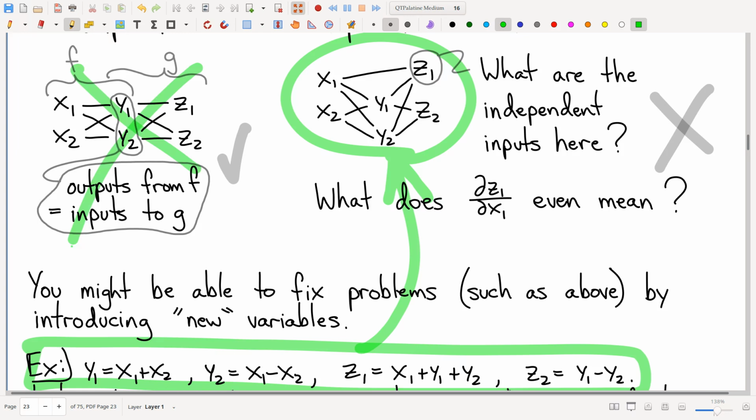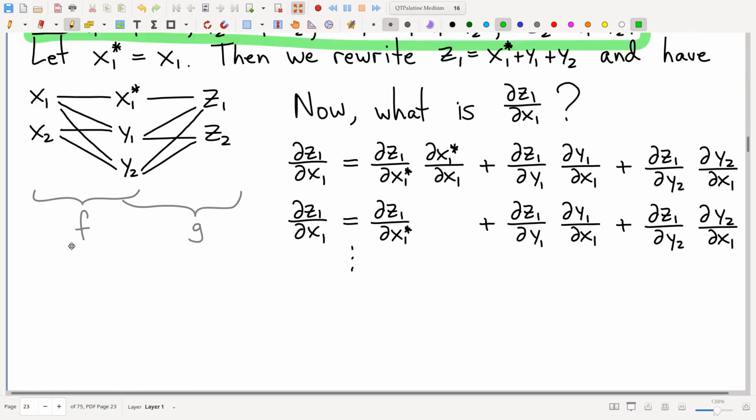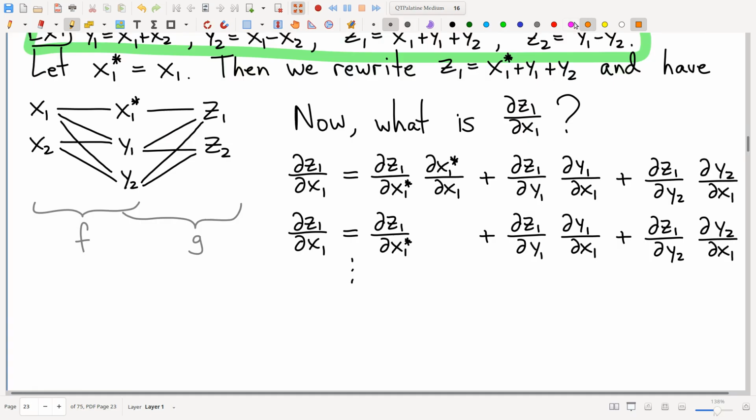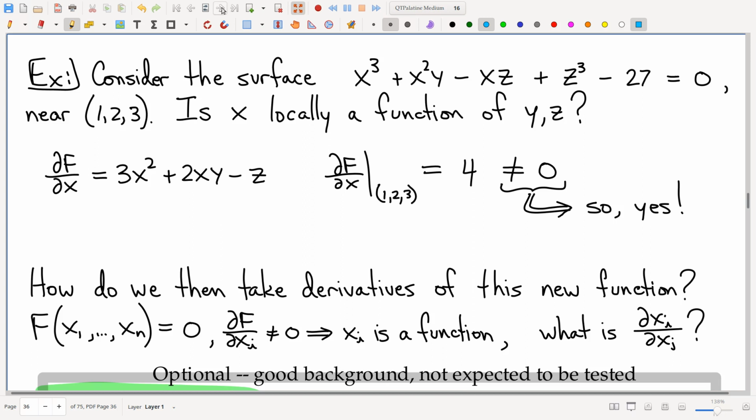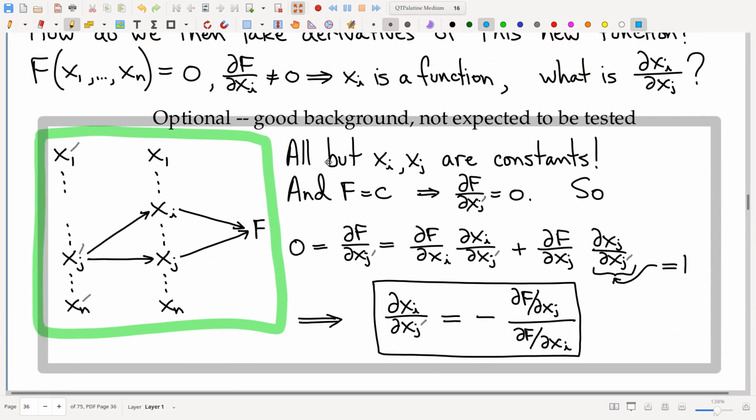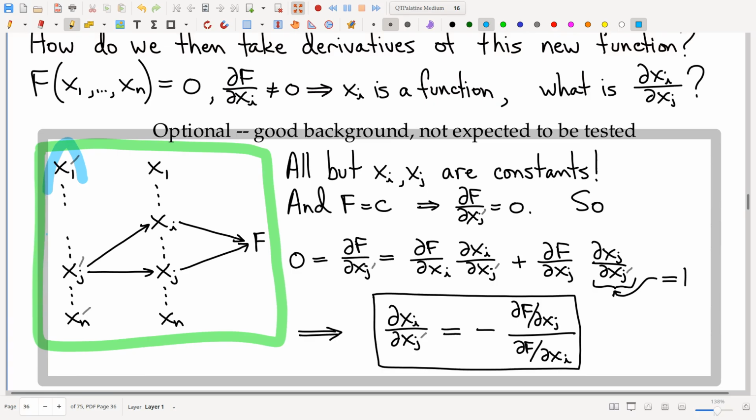There is no chain rule that we've seen that will directly address something like this. And so we have to play fancy games and introduce new fake variables, like x1 star, so that all of a sudden this is a composition, and then I can use the chain rule. That's what was going on here: I had to introduce a bunch of new variables to avoid this kind of illegal diagram problem.